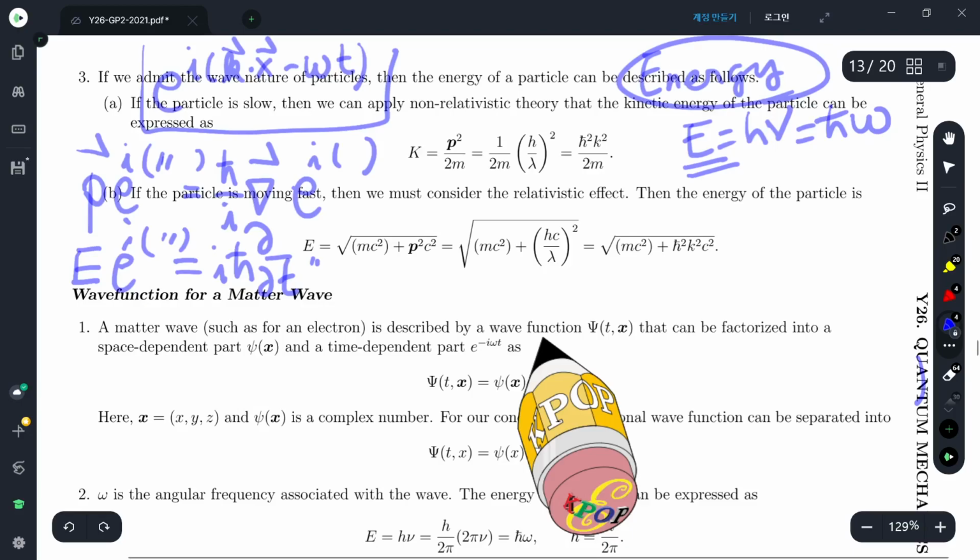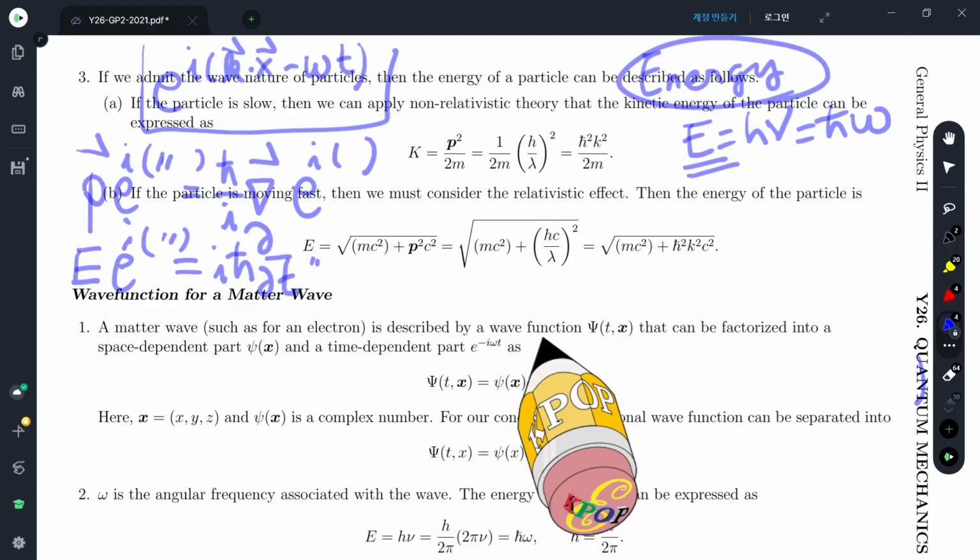Alright? So in this manner, I can construct some ad hoc equation based on the basic assumption that elementary particles behave like a wave, and their wavelength is determined by the de Broglie wavelength, h over lambda.